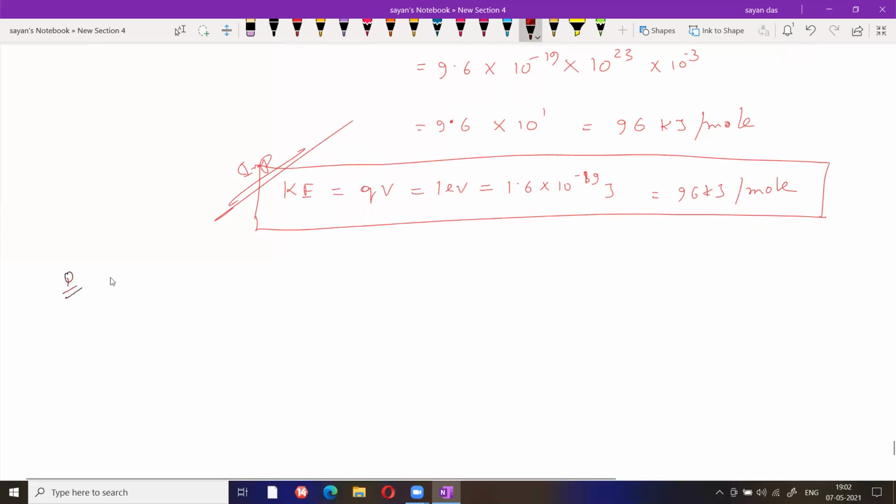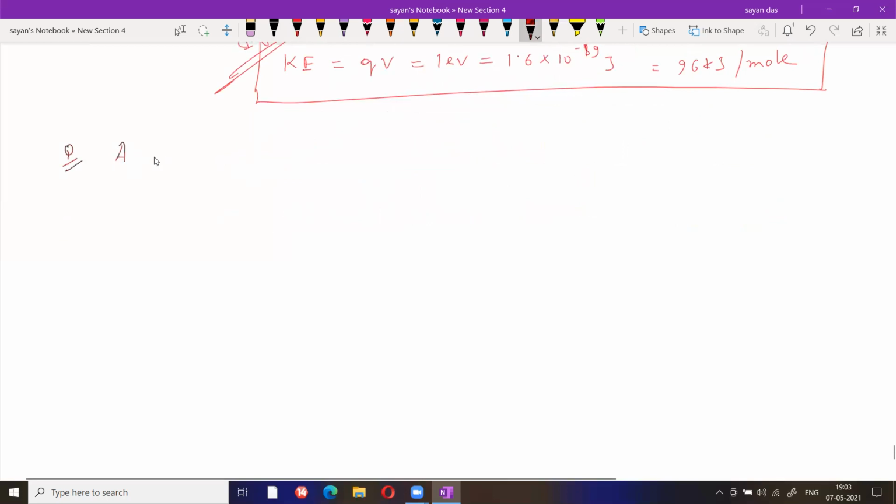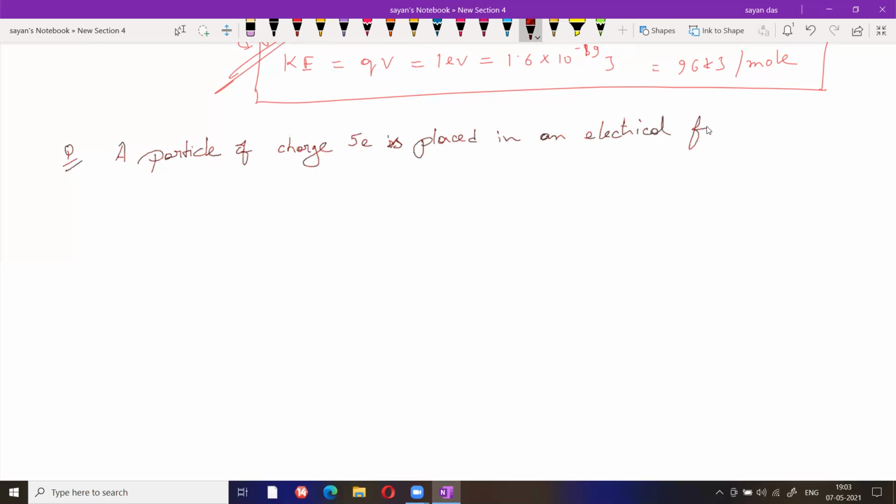The question is given: a particle of charge 5e is placed in an electric field of potential difference 20 volt.